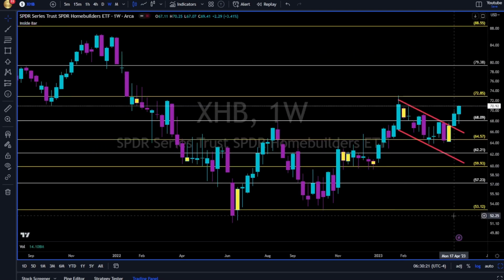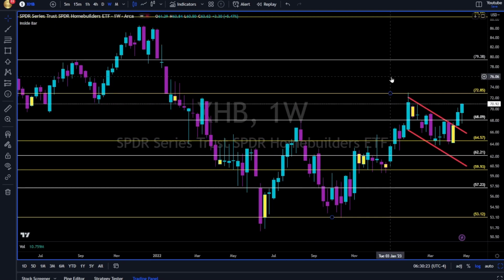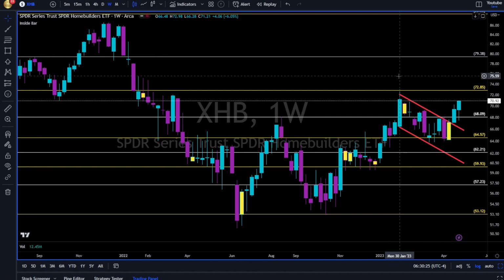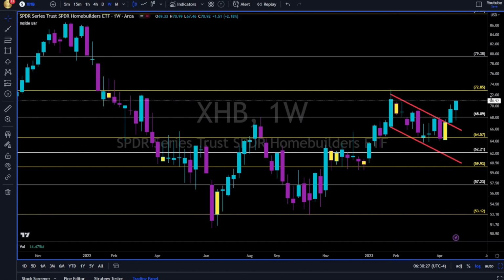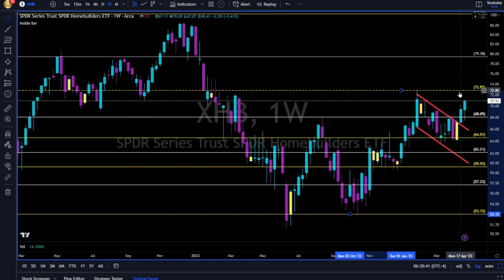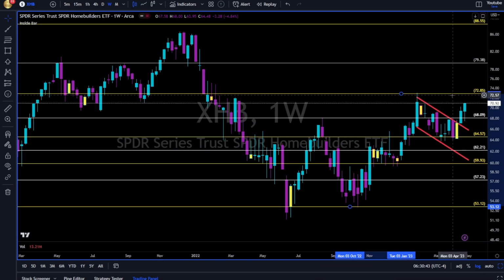resistance. XHB, you know this name because we talked about it in the past few weeks or so. We have waited for this break and we got it last week. Now, previous week, 2 weeks ago we got a break. Previous week we got a continuation, and now 73 to the upside is the next major resistance.